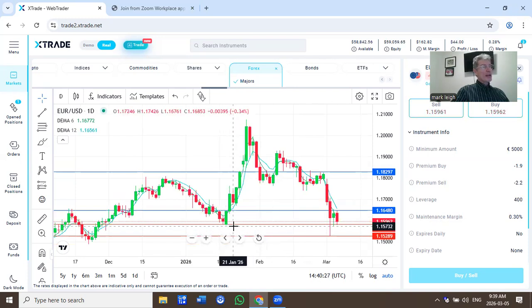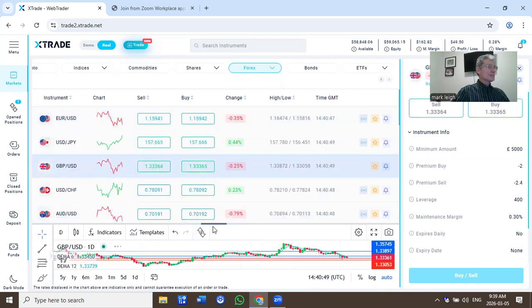Tough support level, has been tested before. We'll see whether the US dollar strength continues through the US session and sellers can break below this support level, or if we're going to get a turnaround from strong to weak US and buyers step in, looking back up at the resistance level.